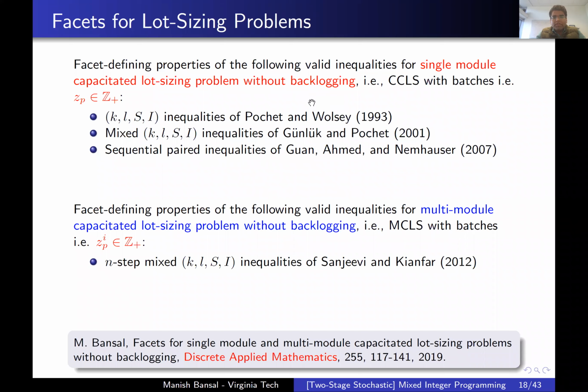I studied some of the facet-defining properties for some of the well-known (k, l, S, I) inequalities, mixed (k, l, S, I) inequalities, and sequential paired inequalities studied in the literature for this single capacitated lot sizing problem, or the constant capacitated lot sizing problem, and also obtained the facet-defining properties for the n-step mixed (k, l, S, I) inequalities as well.